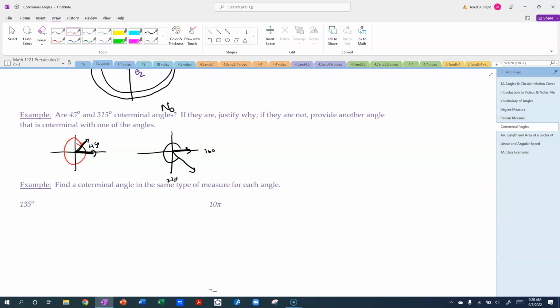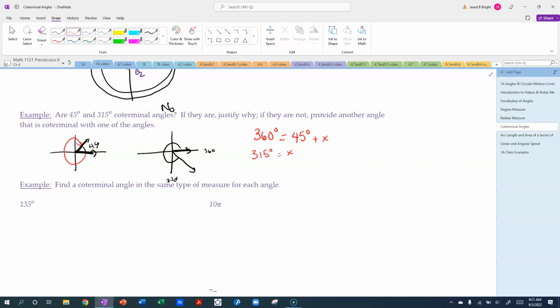I know 360 would be a complete circle. 45 is what I already have, and I don't know what this other angle is. Then I solve it, and I get 315 degrees is equal to x.